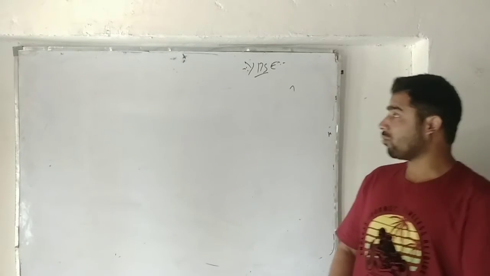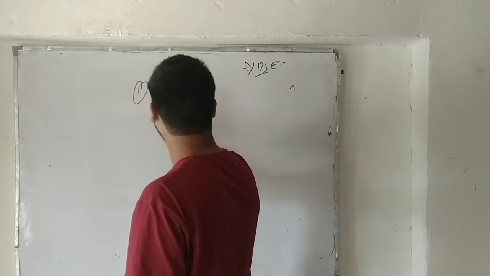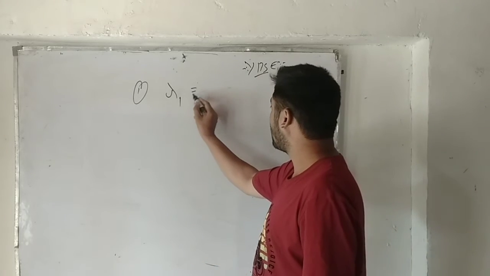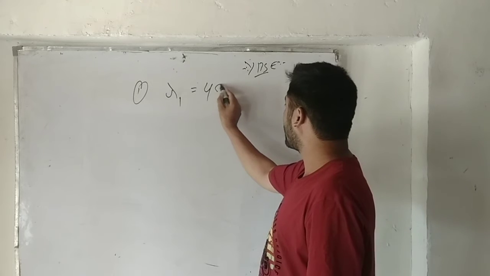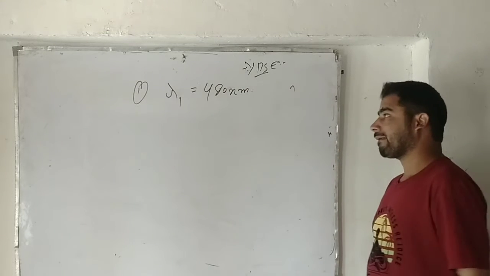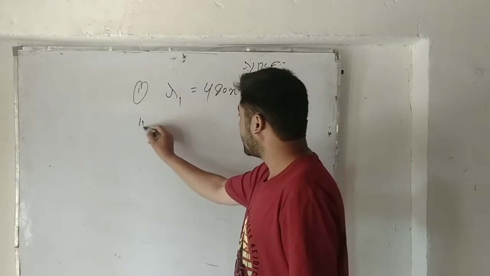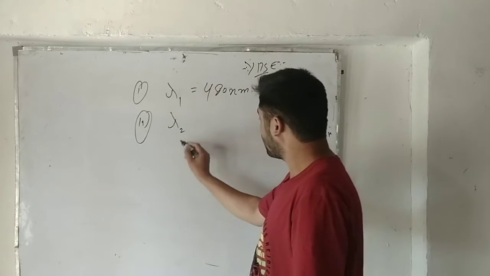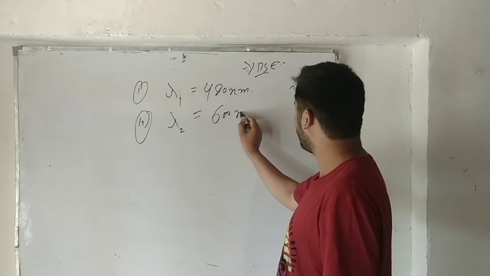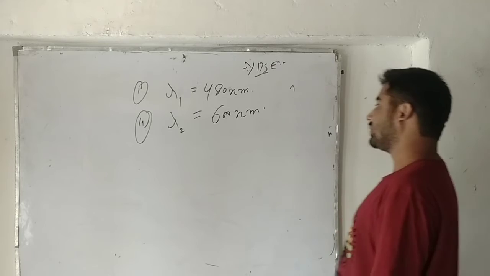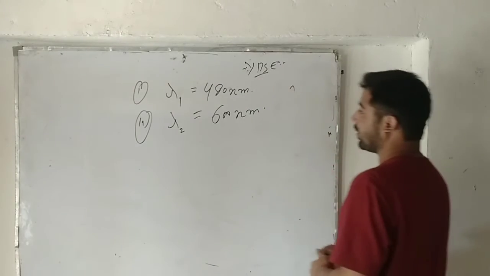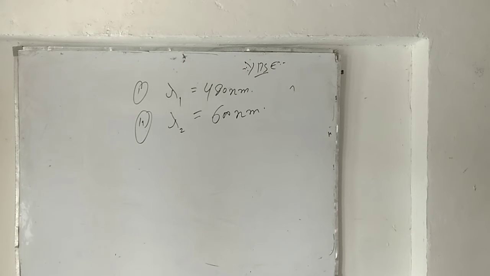Source number 1 has a wavelength of 480 nanometers, and the light rays emitted from the second source have the wavelength of this much.